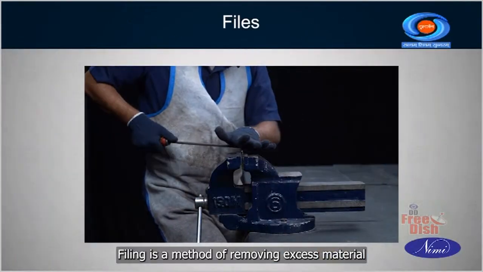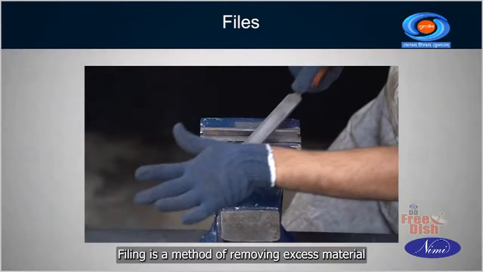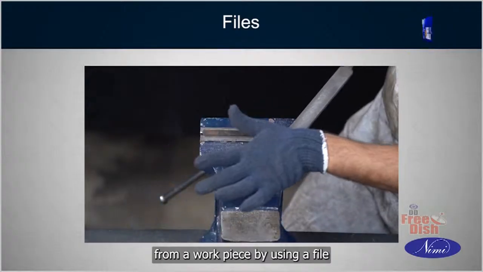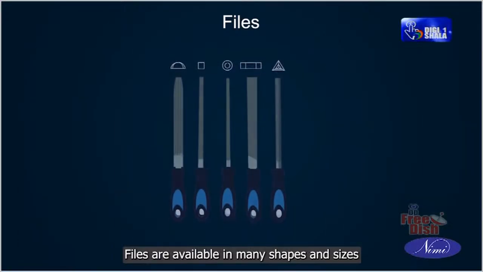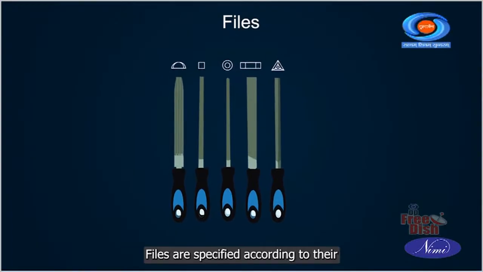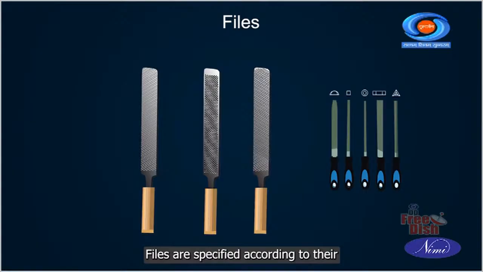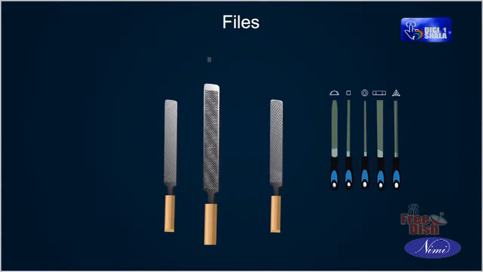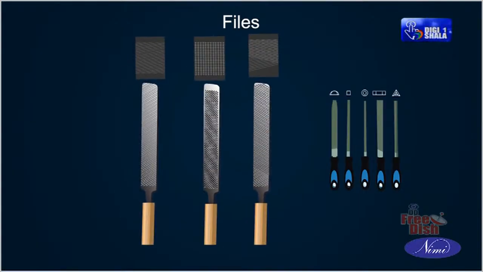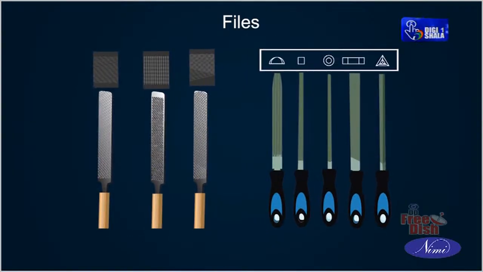Filing is a method of removing excess material from a workpiece by using a file. Files are available in many shapes and sizes. Files are specified according to their length, grade, cut, and shape.